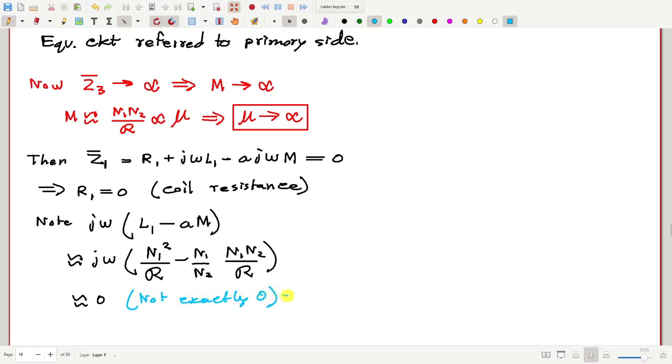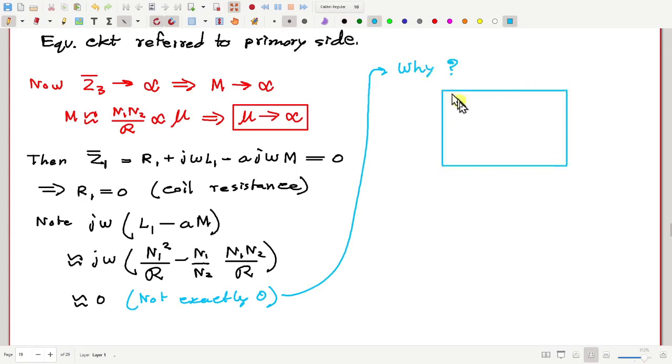Let me tell it here. Consider a transformer with 2 coils. Now, when there is some current flowing here, what happens?